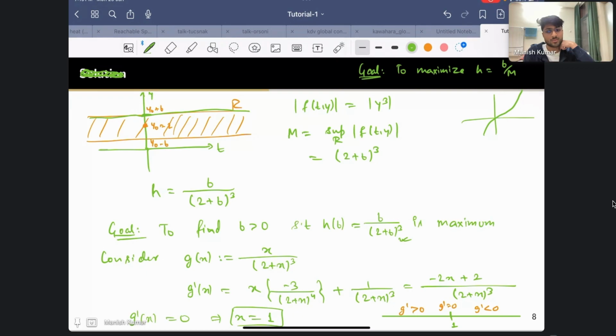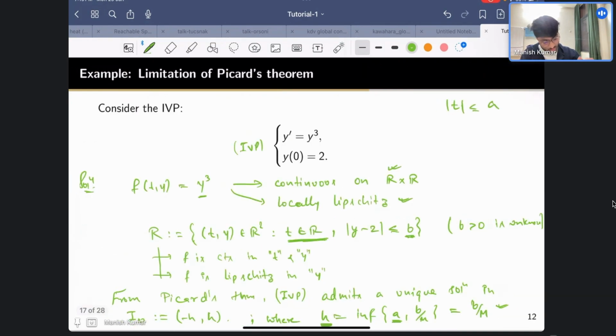Anyway, the goal here is not the discussion whether the solution is unique or not. We have guaranteed by Picard's theorem that we have a unique solution. But my main intention in considering this problem is that the value of h you can obtain from Picard's theorem will not give you the maximum interval of existence.